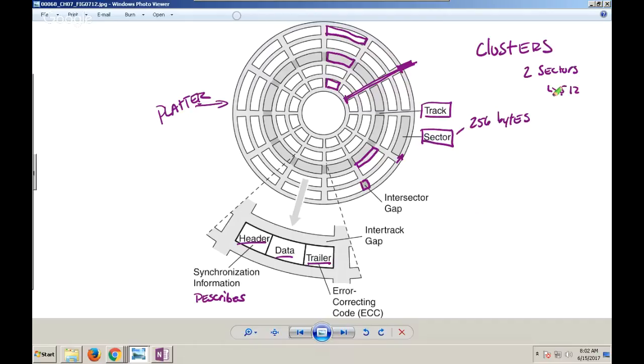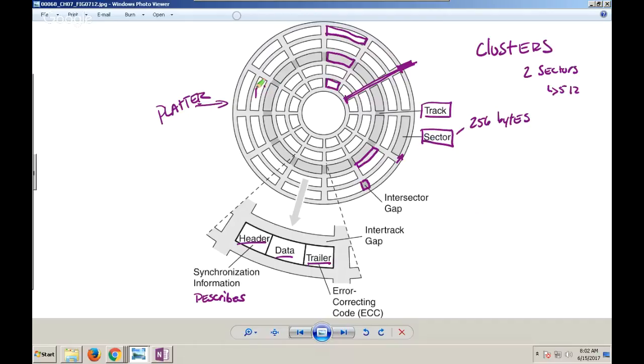But what happens though is we end up with so many clusters, now it takes a long time to read a file, because rather than a file being broken apart into several larger chunks, it's broken into much smaller pieces that end up scattered all over the drive.